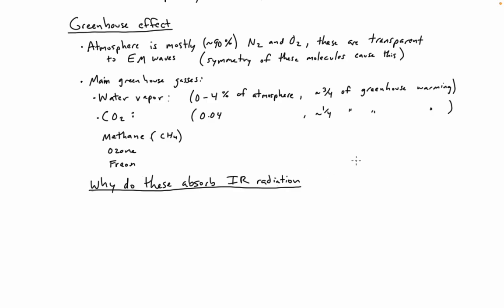You have a source of electromagnetic radiation and some tubes, and you shine that radiation through the tubes.